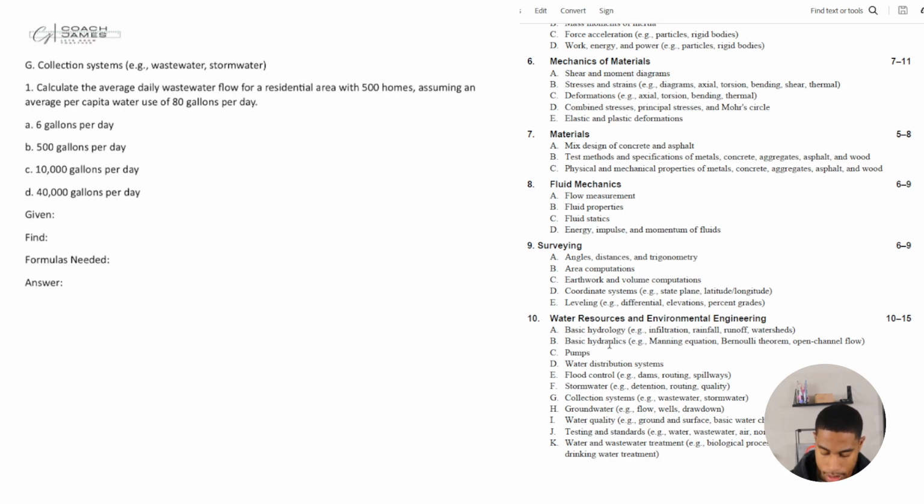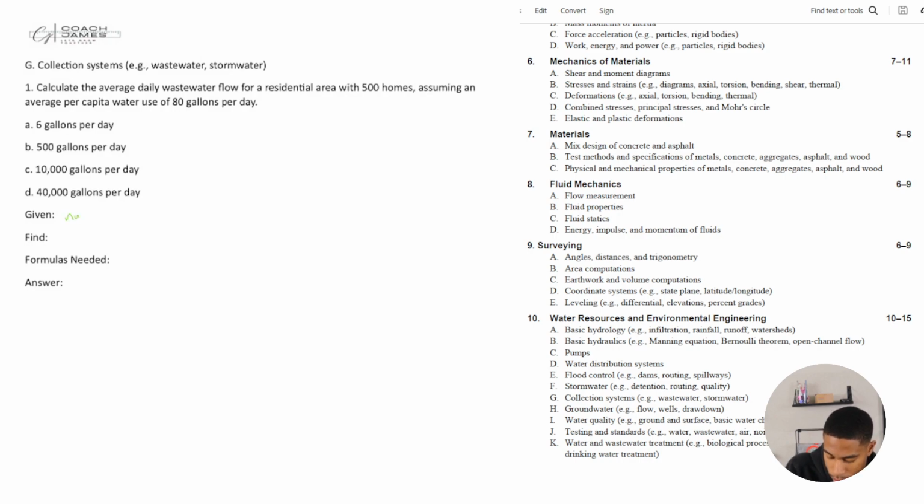Okay, so number one says calculate the average daily wastewater flow for a residential area with 500 homes, assuming an average per capita water use of 80 gallons per day. Okay, so what are we given?